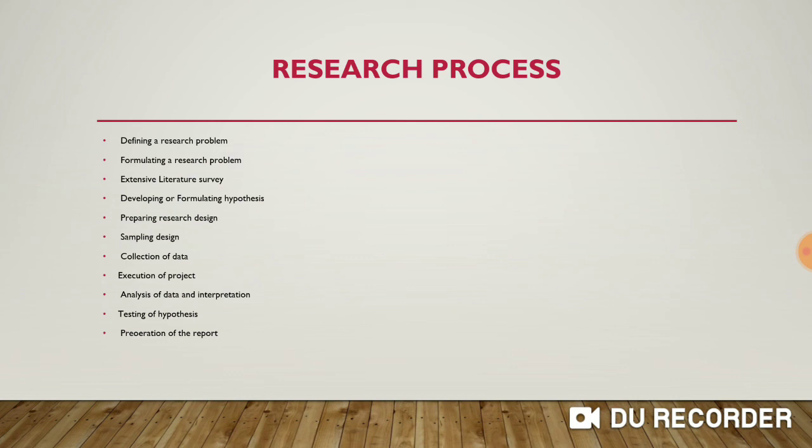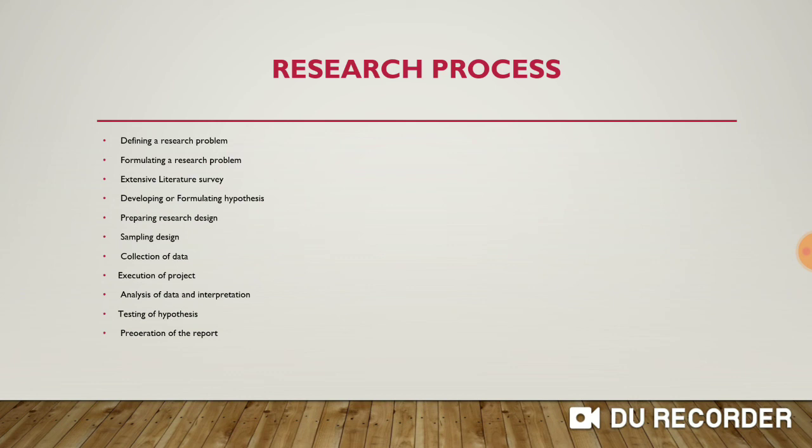The next step is to prepare the research design. In the last lecture we already discussed research design. In research design, the researcher needs to mention various points. It is a blueprint or pre-plan of whatever research activities the researcher needs to perform in the near future.